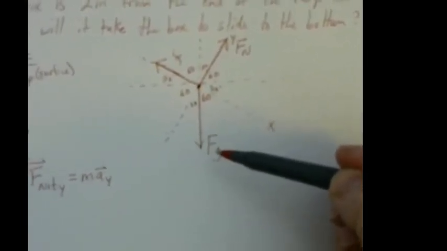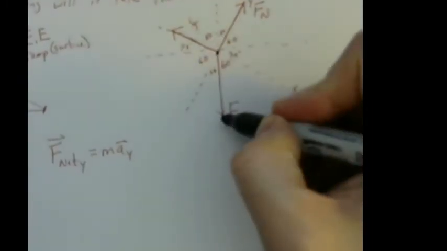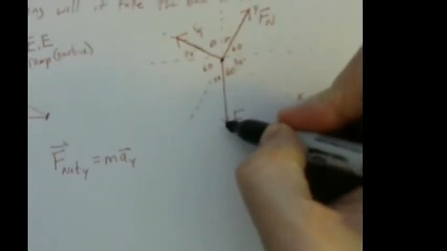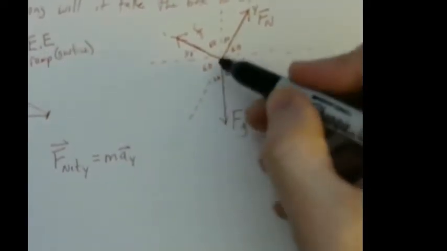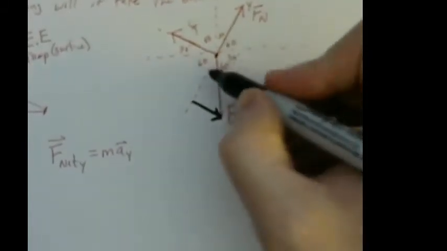Well, gravity is not behaving itself, so we need to break it into components. Going to the end of our force vector, I'm remembering that the vector we are breaking into components has to be the hypotenuse of our right triangle.